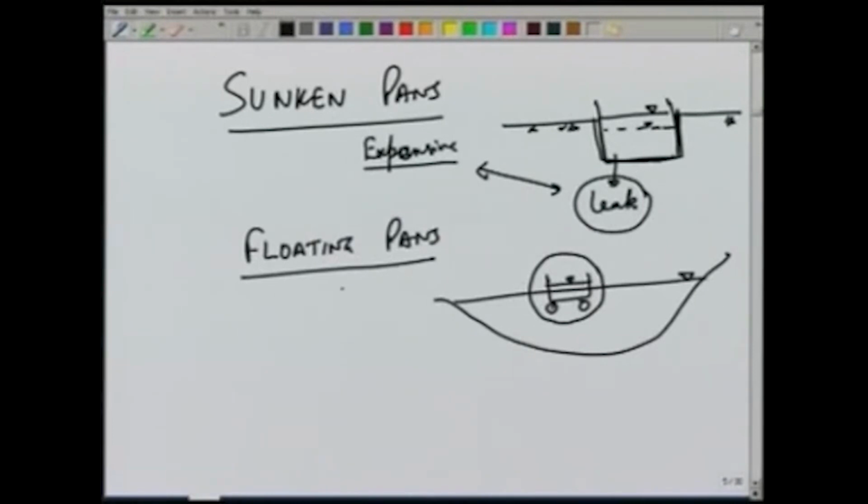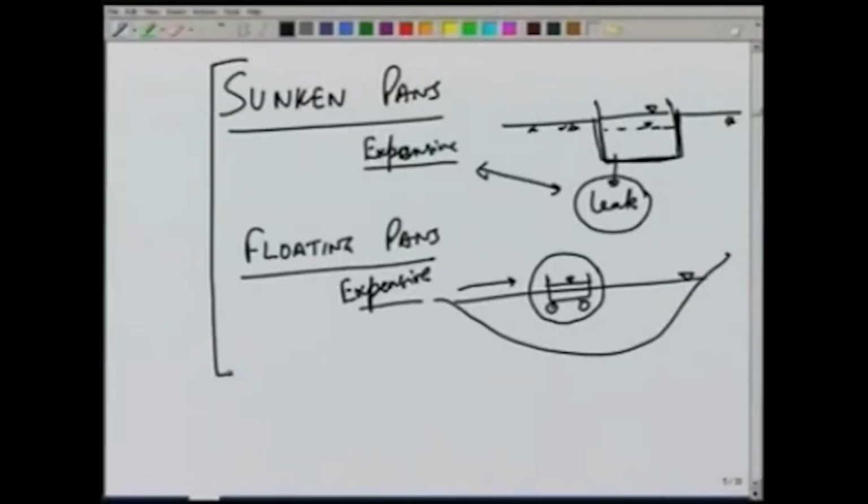Again, the problem is that they are expensive, and the second problem is that measurement is quite cumbersome, because since they are floating in the lake, it is difficult for people to go in there and take the reading. So the reading procedure is cumbersome, and because of expense also, they are not very commonly used. So, these pans are a common method for measuring the evaporation.